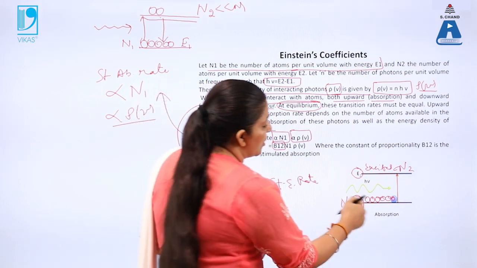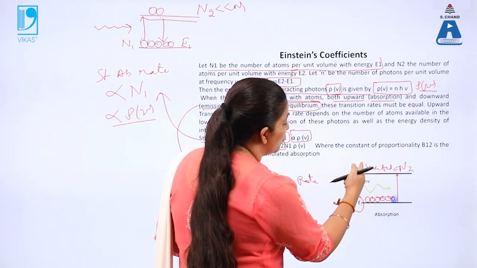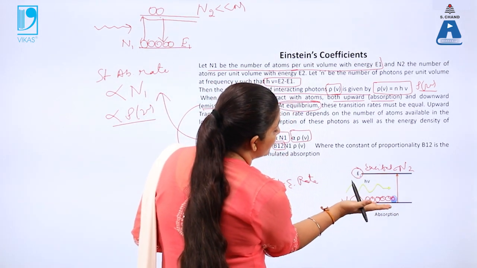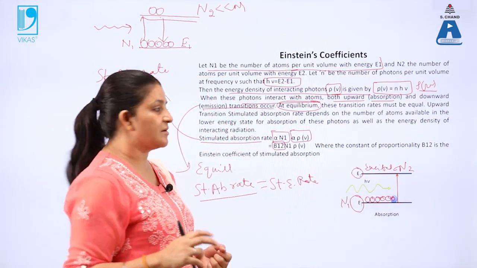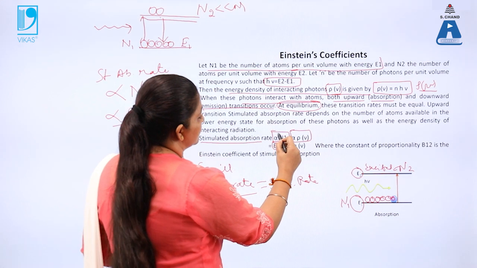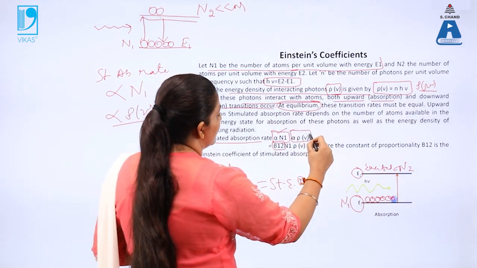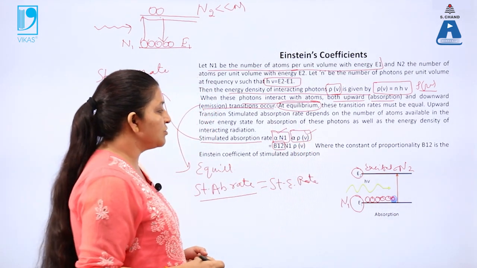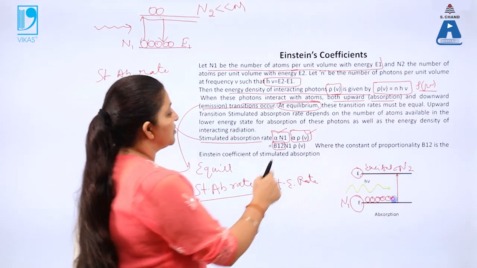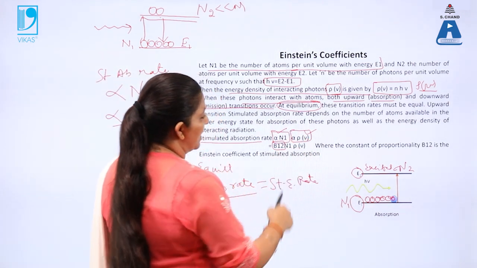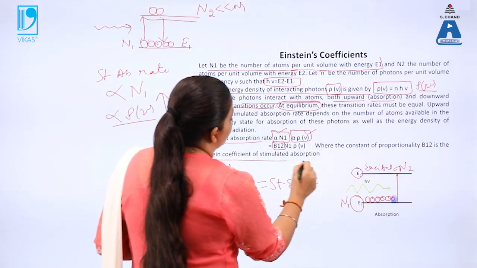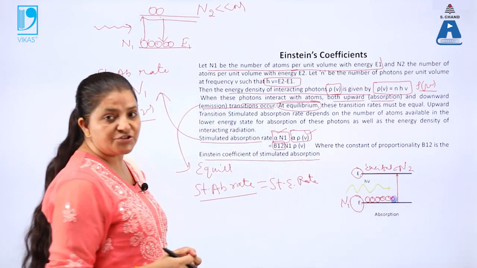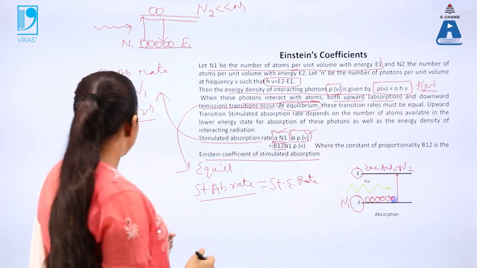So the rate for atoms to move from the ground state to the excited state depends upon two factors. One is the number of atoms in the ground state and the second one is rho nu. Rho nu is equal to N h nu, which represents the energy for the N atoms. The proportionality constant here is known as Einstein's coefficient for stimulated absorption.